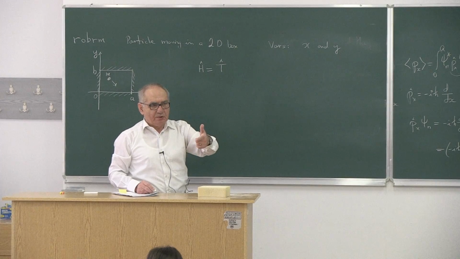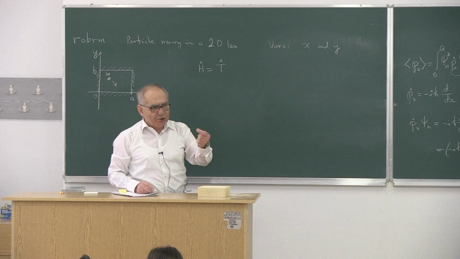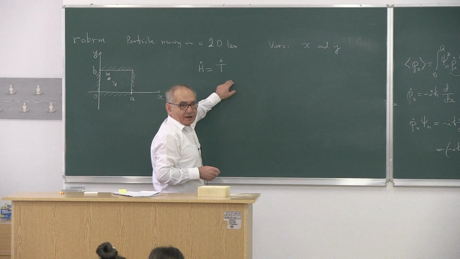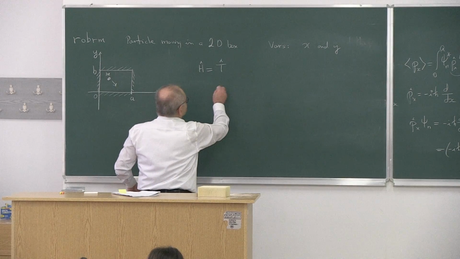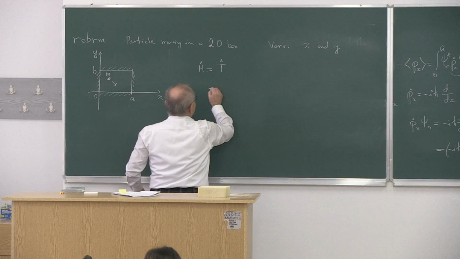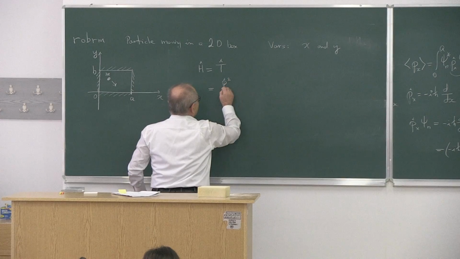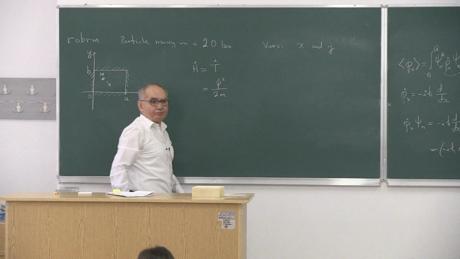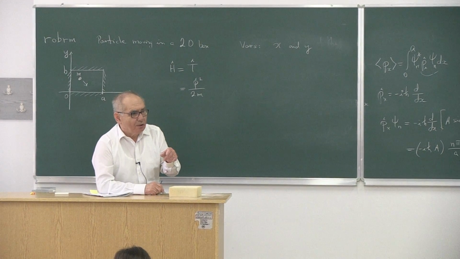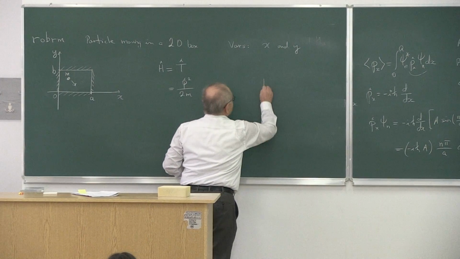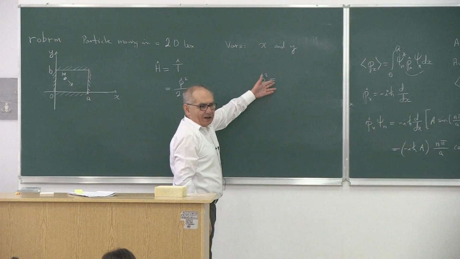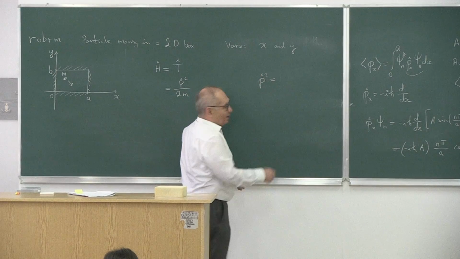And we choose the arbitrary constant to be 0, which means Hamiltonian is just kinetic energy here. Now, this is equal to p square over 2m. But now, momentum has how many components? 2 components. So that square of momentum is px square plus py square.